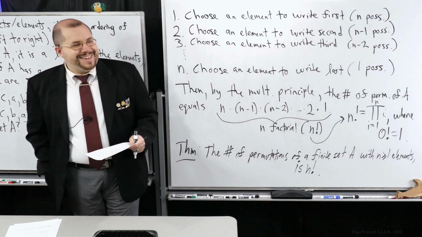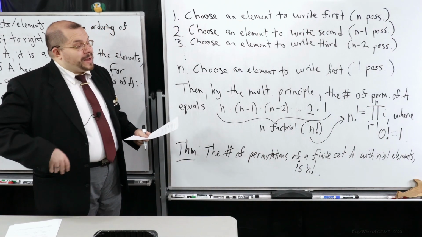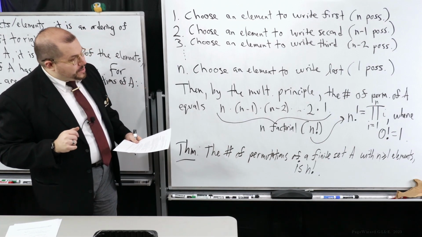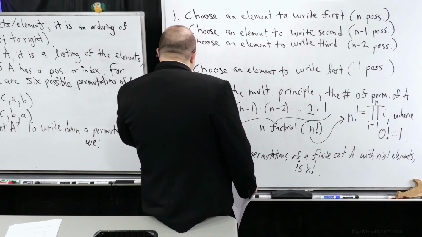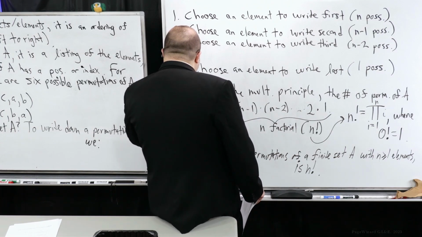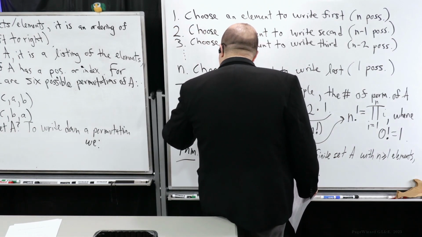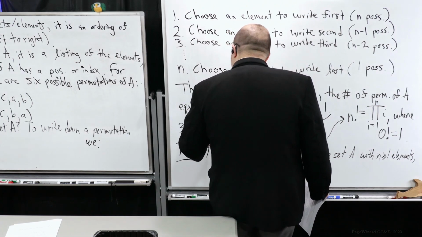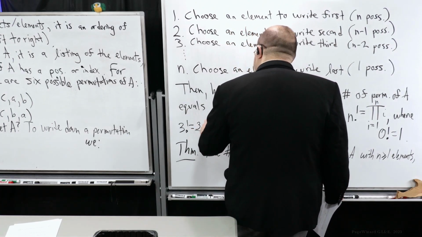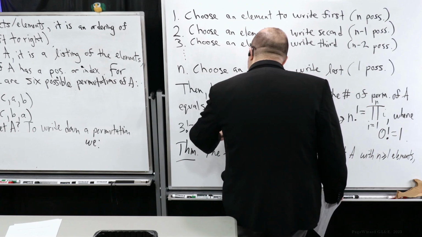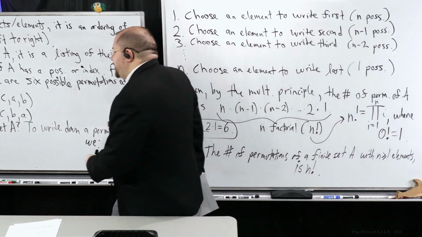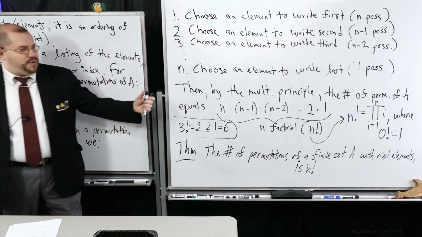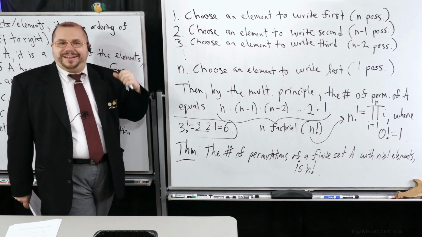Nice, right? For example, I encourage you to try this for 3 factorial and see if we get 6. We have 3 elements, so it's 3 factorial, which is 3 times 2 times 1. 3 times 2 is 6. 6 times 1 is 6. So just as a quick hand calculation, that's how we actually got that 6 over here.